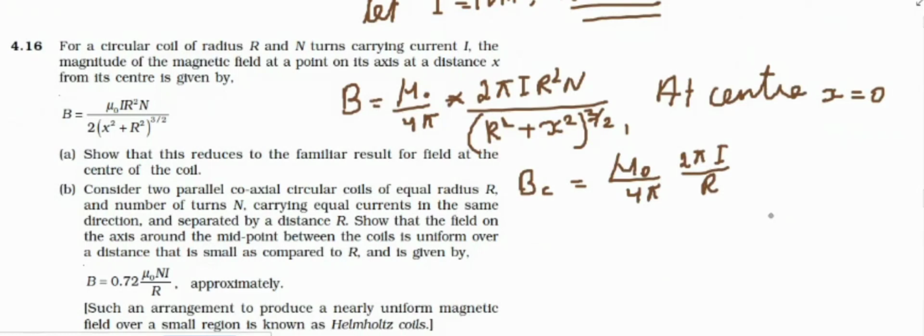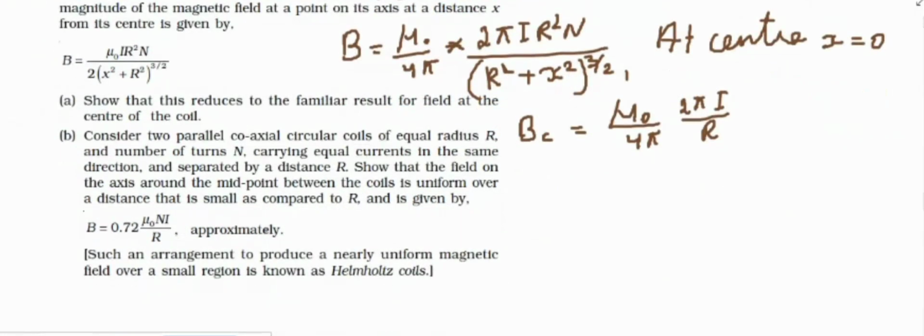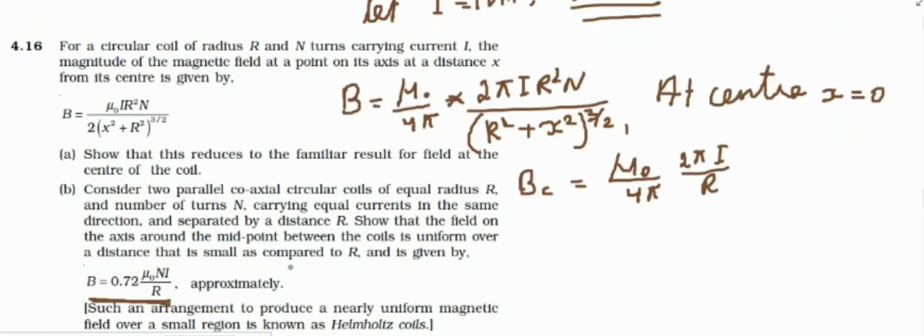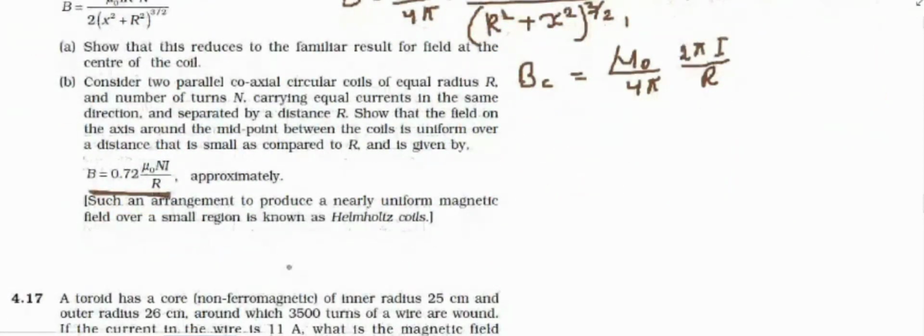This is the equation. Now, part B, the solution is given in the last pages of the textbook. Please go through that. Then, this type of arrangement of two circular coils, we call the Helmholtz coil.